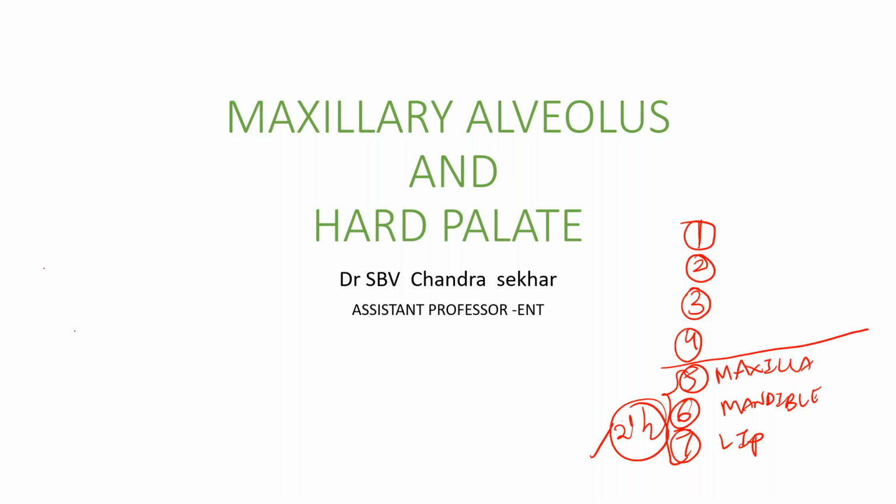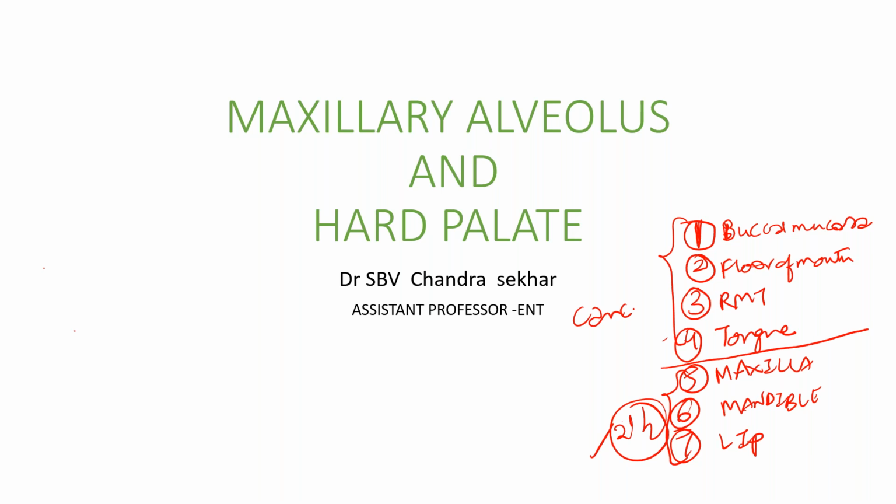First one we were covering was the buccal mucosa. Next is floor of the mouth. Next is retromolar trigone, we have covered, and tongue we have covered. So all these things are done as far as the cancers of the oral cavity are concerned.